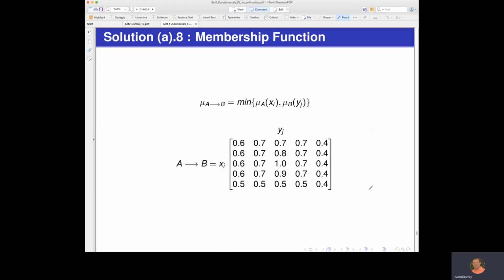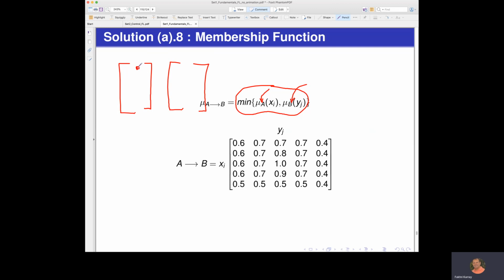Now let's look at the membership function for all the values that are the minimum of mu A(xi) and mu B(yj). Remember that we created, out of the original table, the membership functions of the fuzzy sets mu AB, mu A, and mu B. Now we go to A and B, and simply take the minimum of each one.